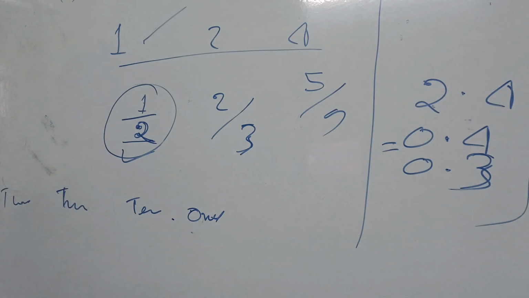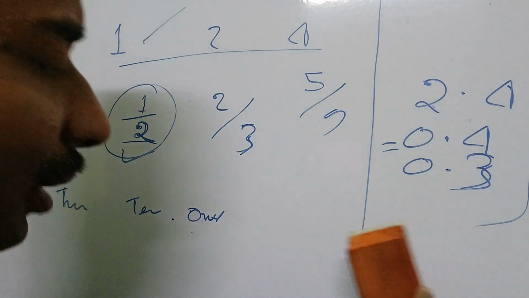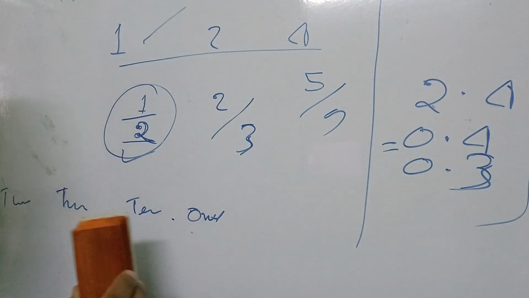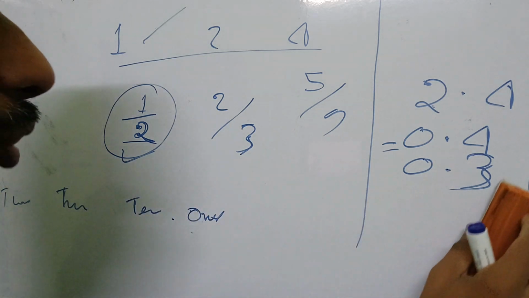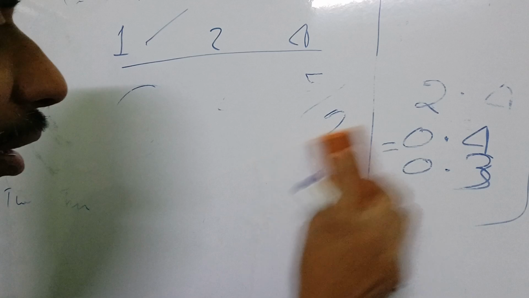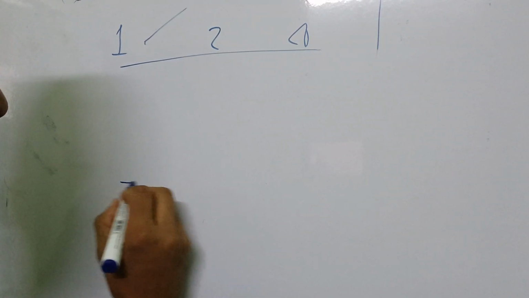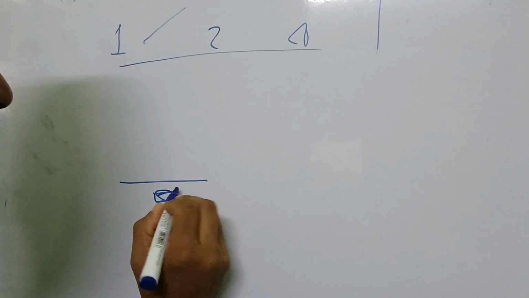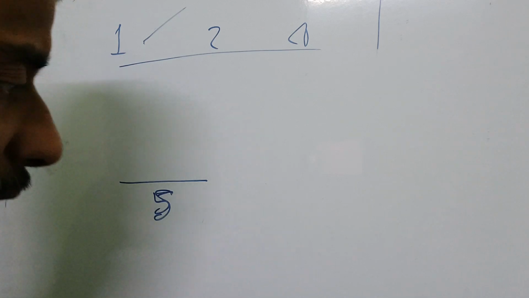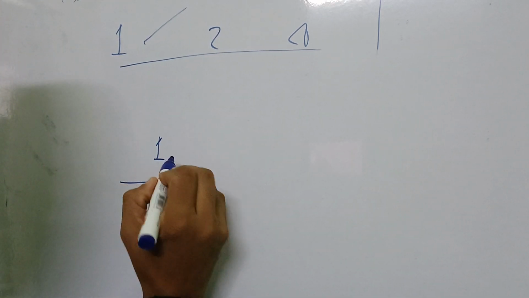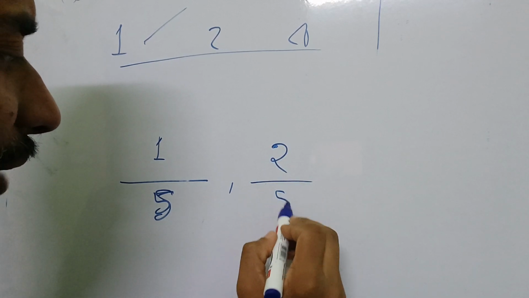Now, you all know this, but just for revision purposes, I'm discussing the topic. Say a chocolate you are breaking into 5 parts. There is a Cadbury Dairy Milk, you are breaking it into 5 parts and distributing: you give Harry one part, then John 2 parts, that is 2 by 5.